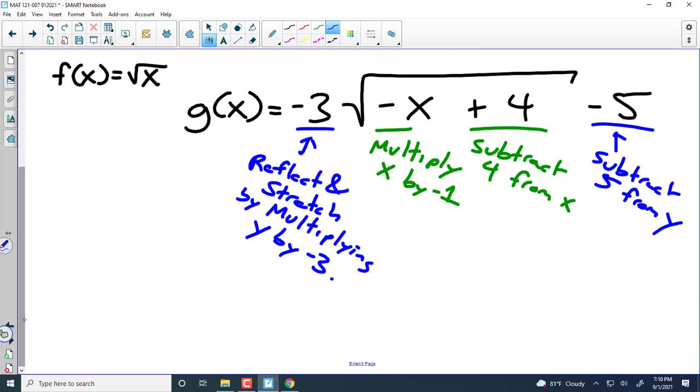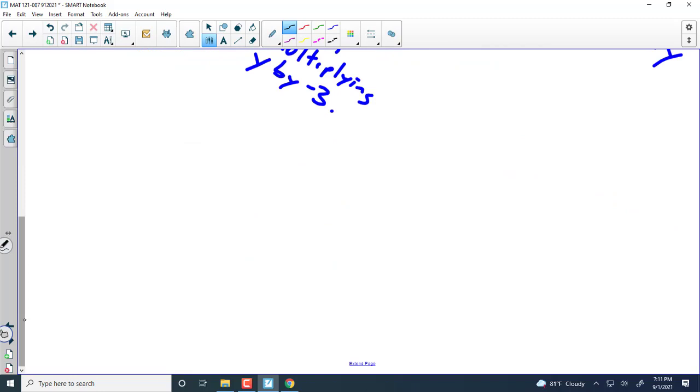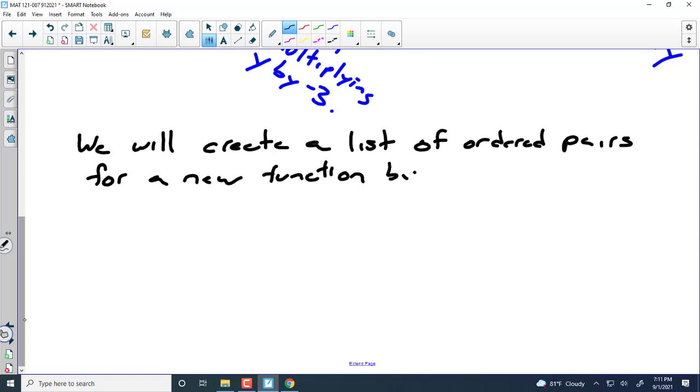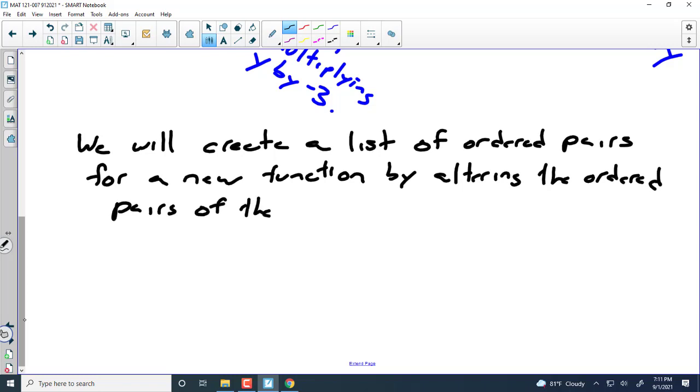Here's what we're going to do, everyone. We will create a list of ordered pairs for a new function by altering the ordered pairs of the original one step at a time.